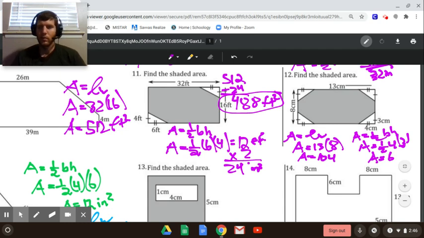There are 4 of these triangles, so we multiply by 4. That's going to give you 24 centimeters squared. Then we can do 104 minus 24. It's going to give us 80 centimeters squared as our final answer.